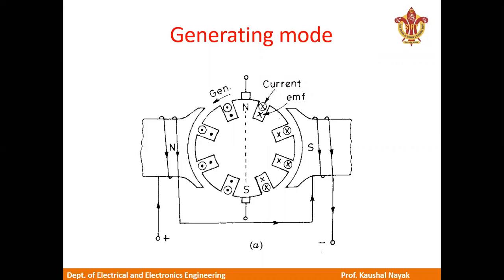Here it is shown that the two-pole DC generator, in which the armature is rotating in anti-clockwise direction, the generated EMFs are indicated by crosses and dots below the circles in the slots.